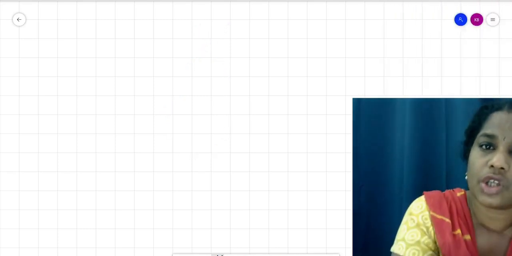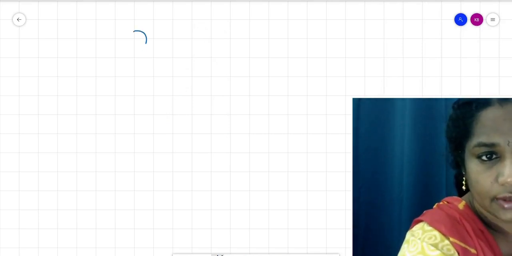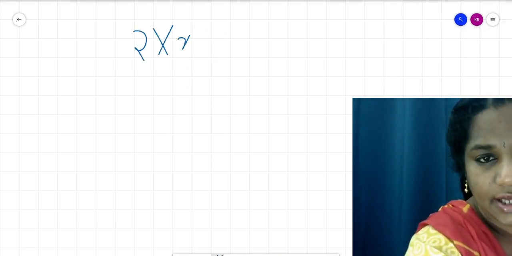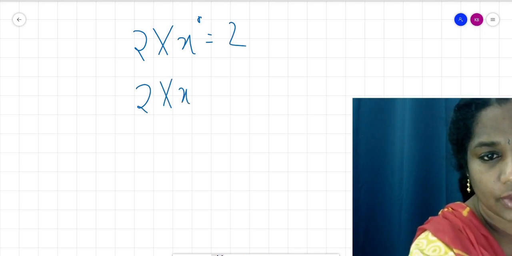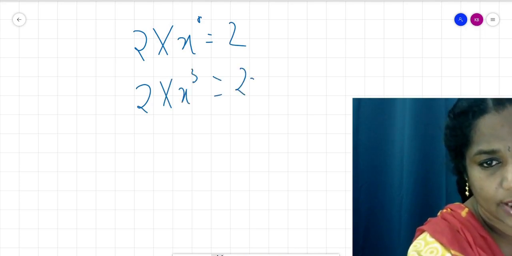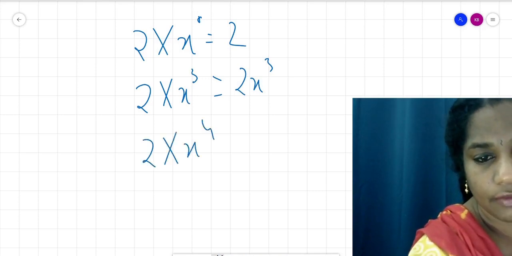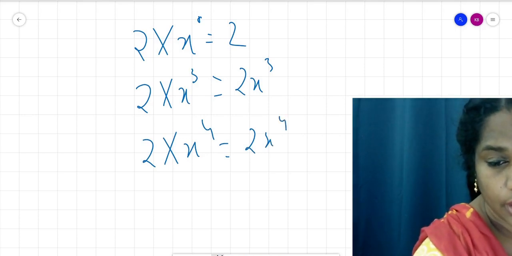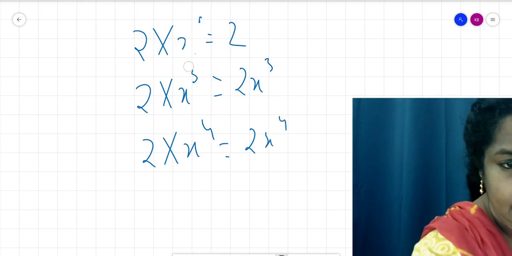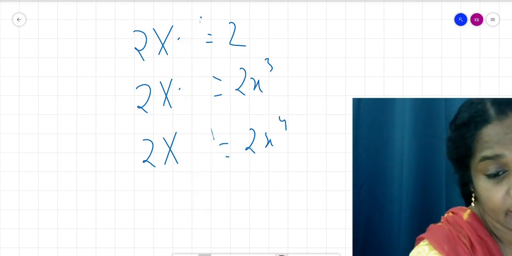So what happens to 0? What is 0? Now you see one thing. 2 into x raised to 0 will give you what? 2. 2 into x raised to 3 will give you 2x raised to 3. 2 into x raised to 4 will give you what? 2x raised to 4, right? So now if I had deleted this portion also, if you look at it, you can take a guess.